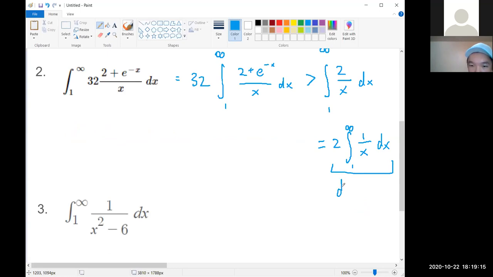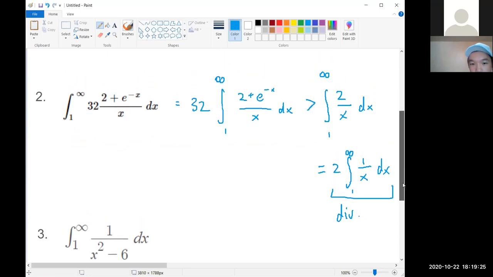So this is divergent. Can we reach a conclusion of our original integral or no? We can, because the original is greater than the comparison. Yeah, so our conclusion is that this also diverges, right? Okay, great.